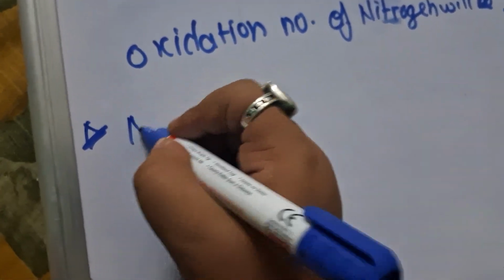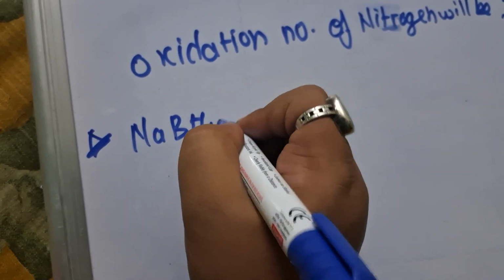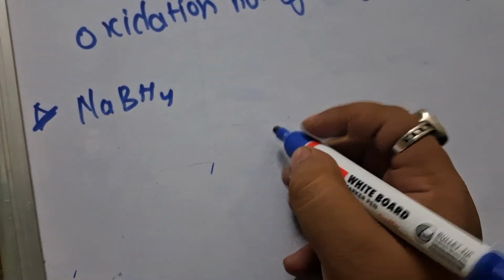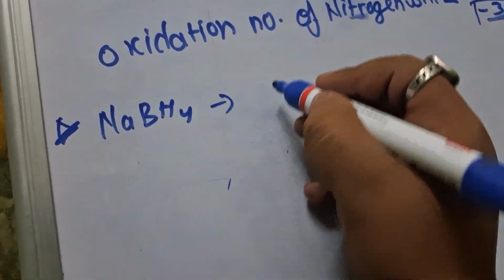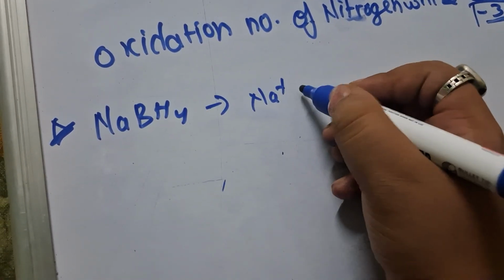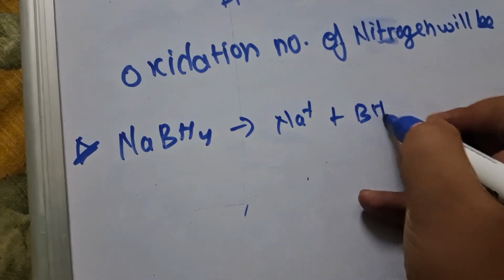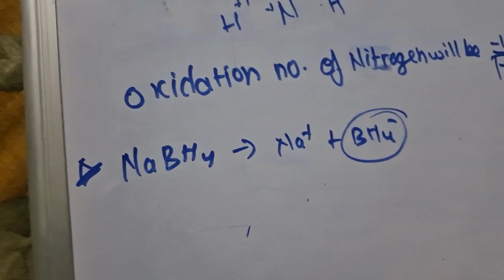First example, NaBH4. We can ionize this into Na plus and BH4 minus. We know where this comes from.